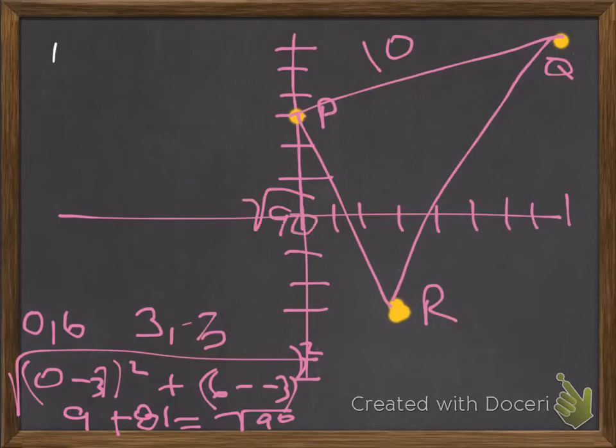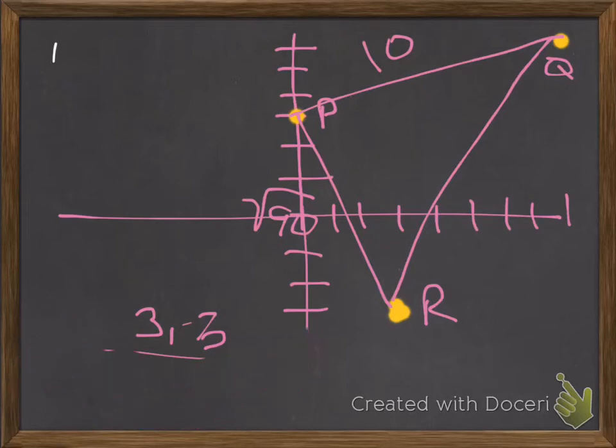And then the last distance is going to be 3, -3, and 8, 12.